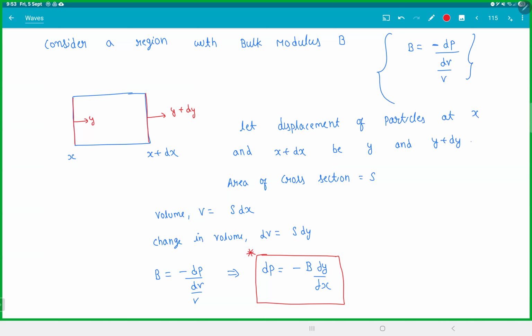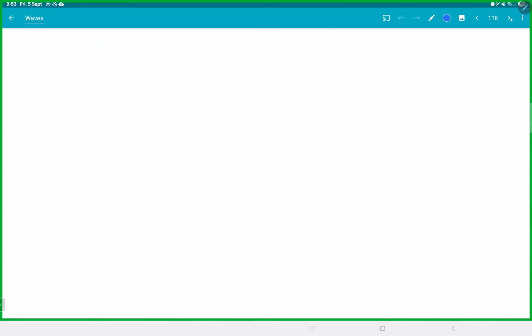Clear with this? So let's see what happens if we apply this to our regular equation. So dP is minus bulk modulus dou y by dou x. So this is the relation between displacement and change in pressure. Whenever a sound wave travels in a region, it pushes the particles front and back.